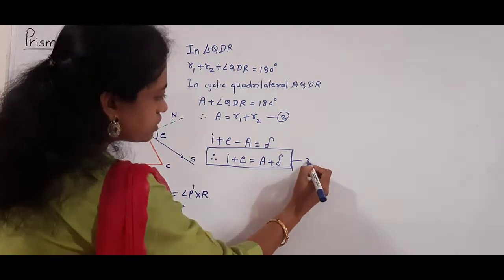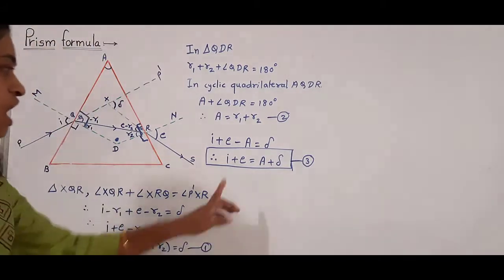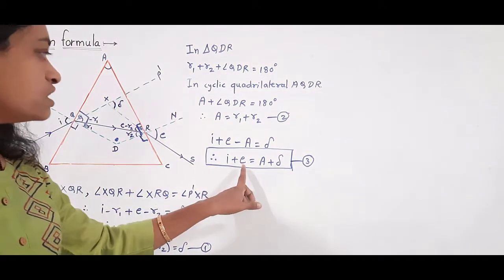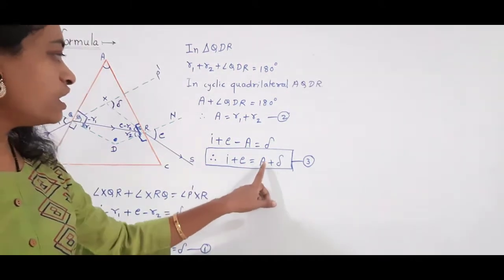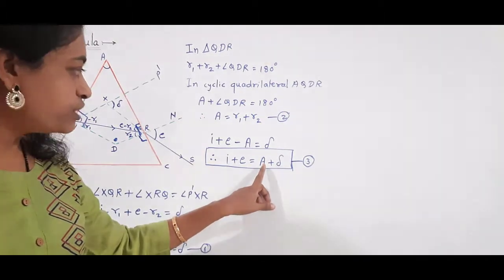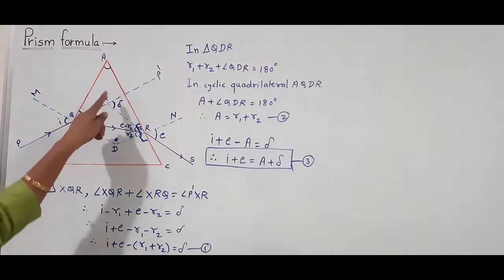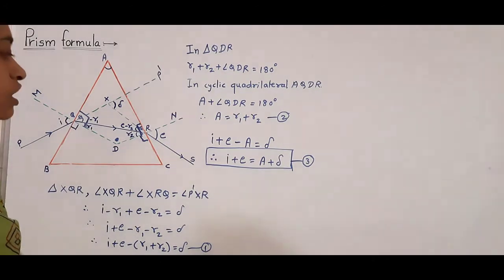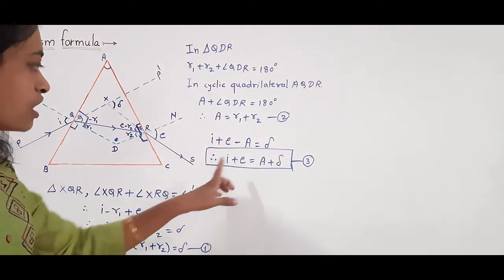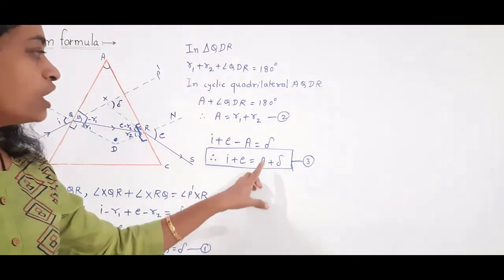We call this equation 3. I is the angle of incidence, E is the angle of emergence, A is the angle of prism, and delta is the angle of deviation. I plus E equal to A plus delta.